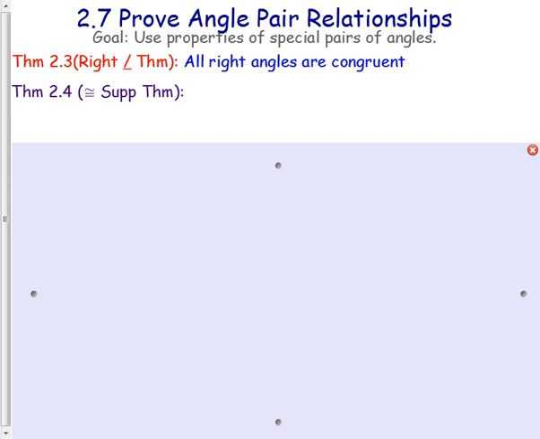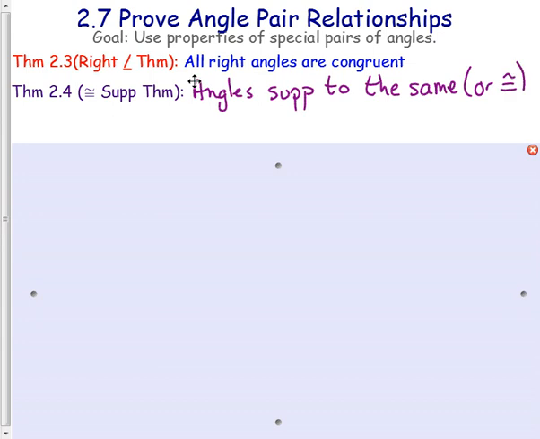Our next one is the congruent supplement theorem, which states angles that are supplementary to the same angle, we'll say same or congruent angle, or if you're using congruent angles, are in fact congruent.